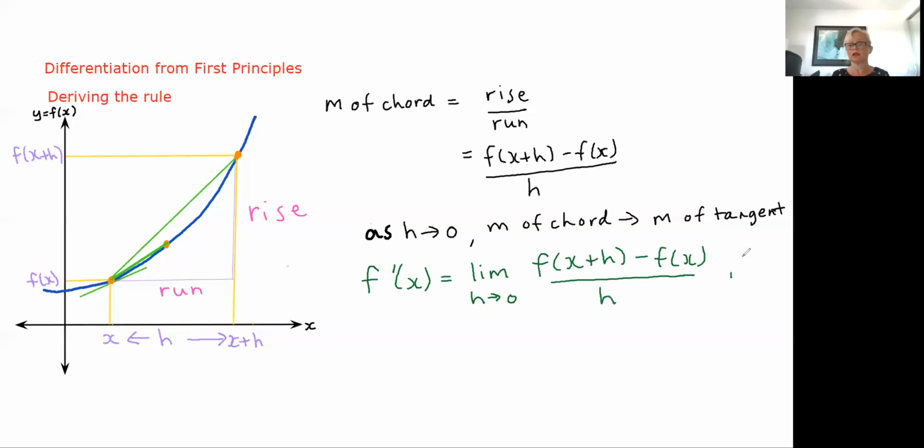Now we're assuming that h is not 0. We can't divide by 0, and it's okay because we're taking a limit. And hopefully by the time you're watching this video, you will have learnt a little bit about limits. In my next video, I'm actually going to show you how you use this to do some basic examples.